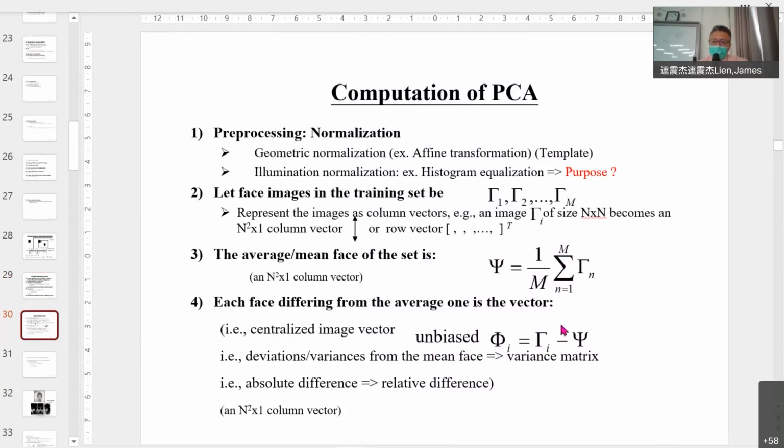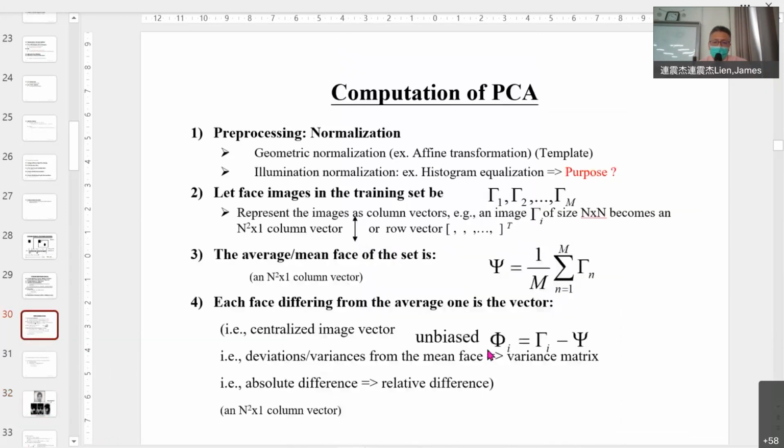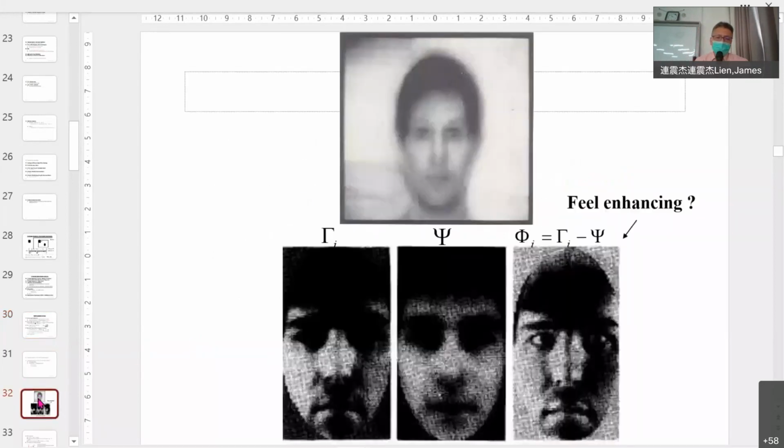Each image subtracted by the average value becomes the new image, which looks like this. The original images, after subtracting the average, produce this extracted image. So we have a basis, a standard for each one. This is pre-processing, and this is the result.